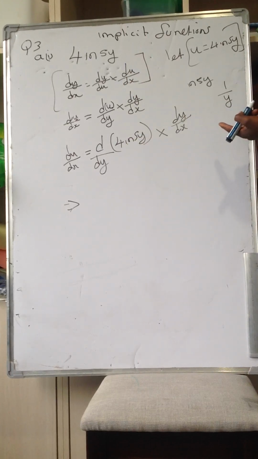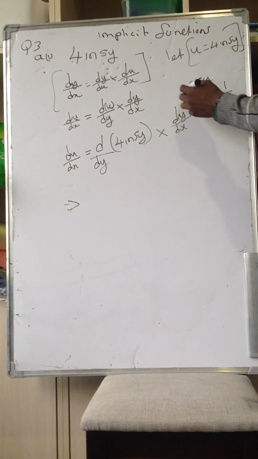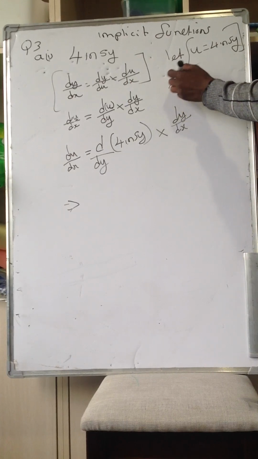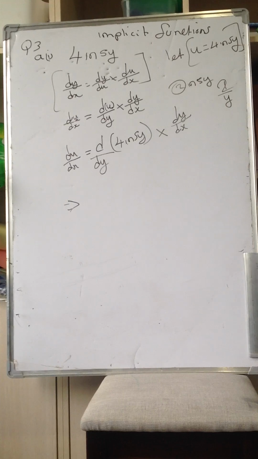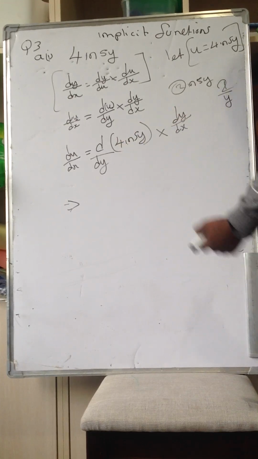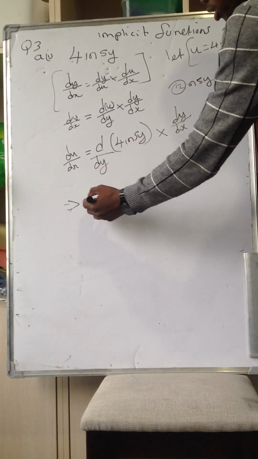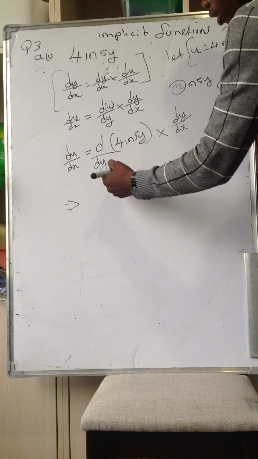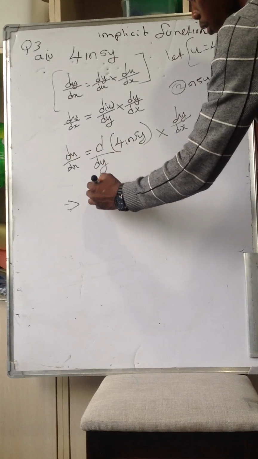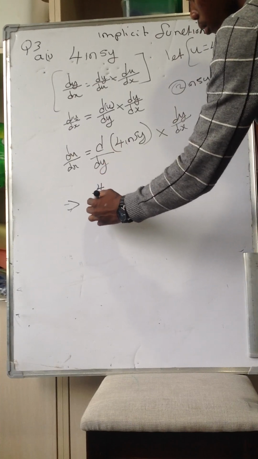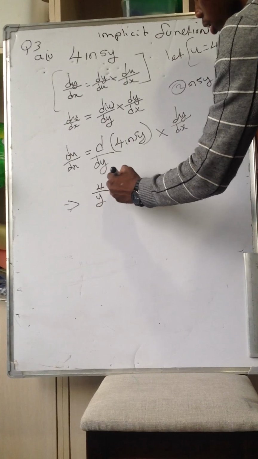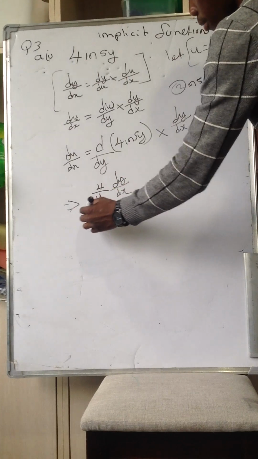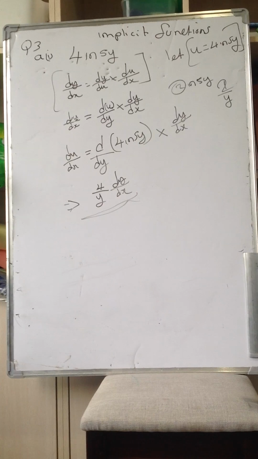So it will be 1 over y. But if you have a number here like 2, this one becomes a multiplier, so it will be 2 over y. Same applies to this one. If you differentiate 4 ln 5y, don't count the 5 here. You're going to have 4 over y, times dy/dx. So this one becomes the final answer.